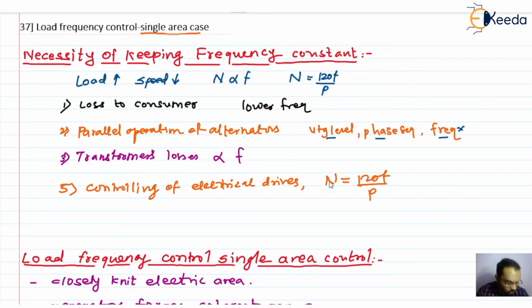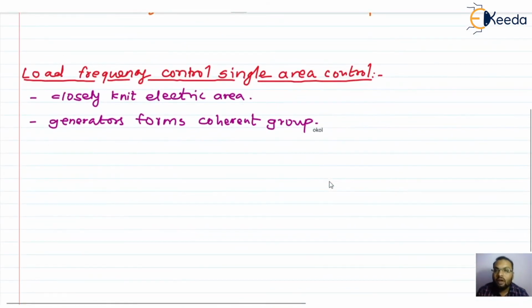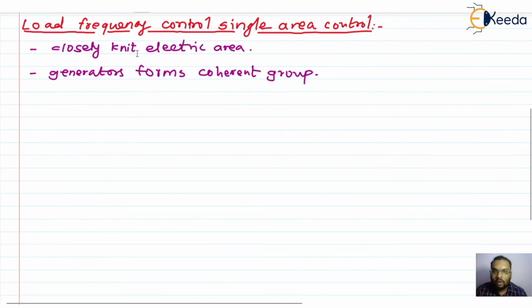Now we'll go to the point where we'll see how we can control the load frequency for a single area. For that we will consider a problem where we have to control the output of the alternator of a closely knit electrical area.